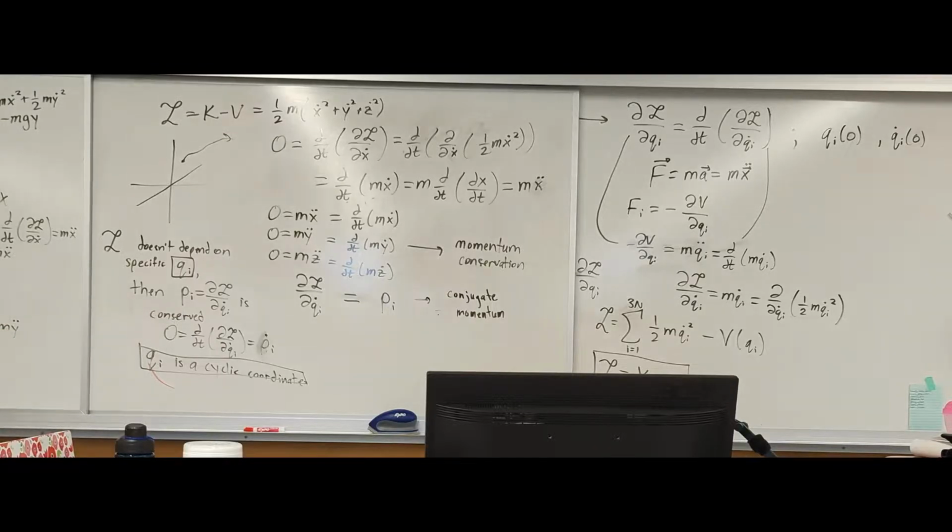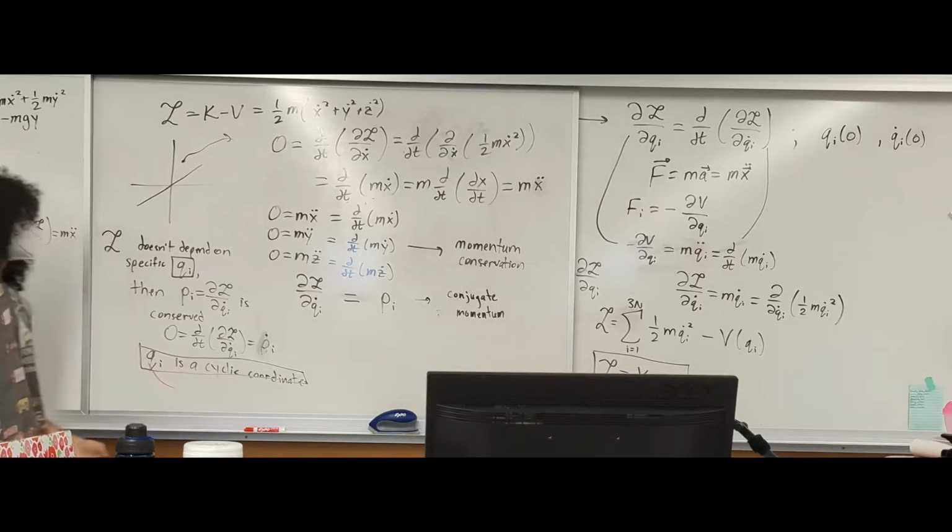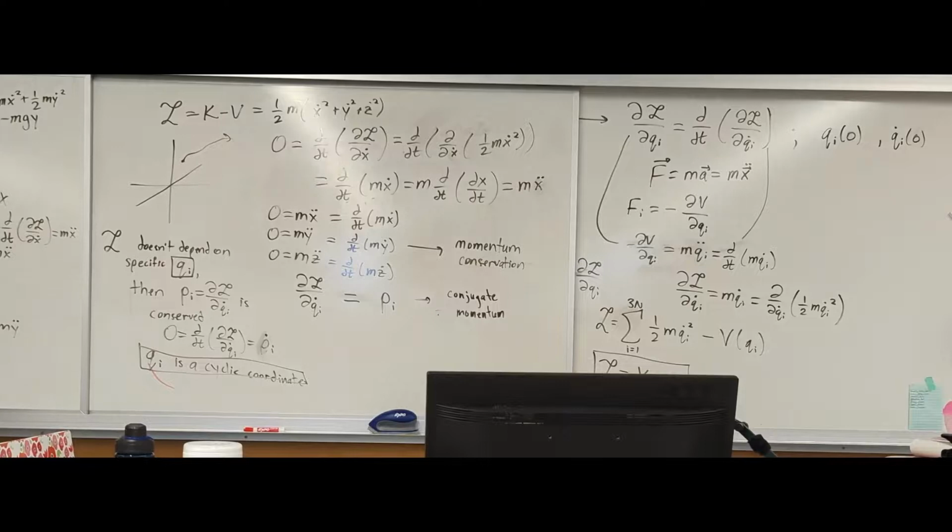And that's not the only benefit. There are other ways in which you can get conserved quantities, so it's not just through this cyclic coordinate business. And that's probably going to be the discussion of tomorrow when we talk about Noether's theorem. And the other thing, well, there are actually lots of things.